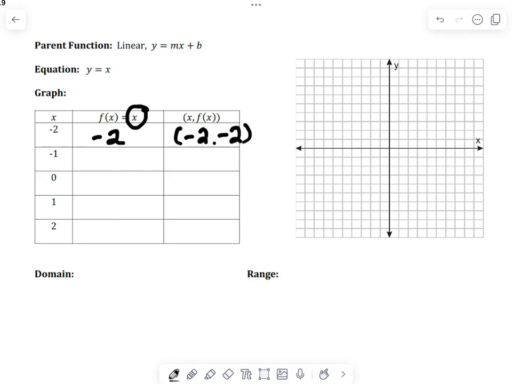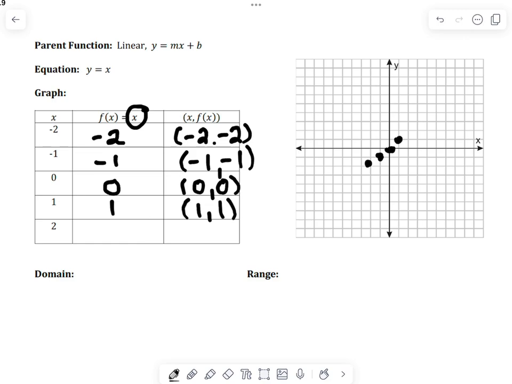So on our graph, we go left 2 and down 2. Input -1, output -1, so (-1, -1). We graph it, left 1, down 1. Input 0, output 0. So the ordered pair is (0, 0), which is also called the origin. Input 1, output 1, so (1, 1).